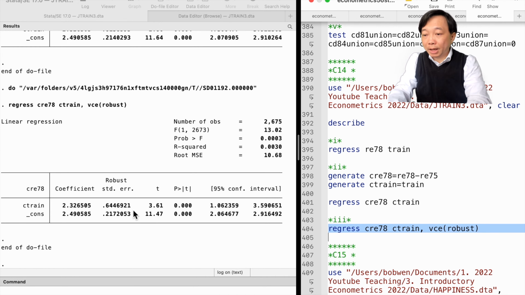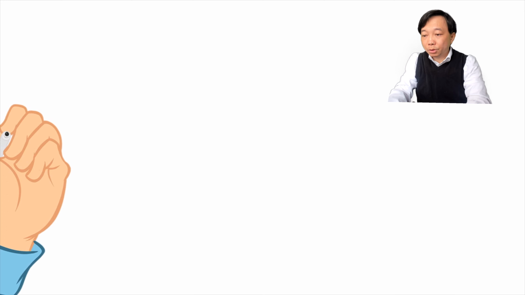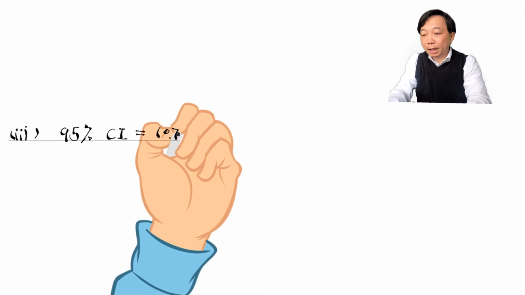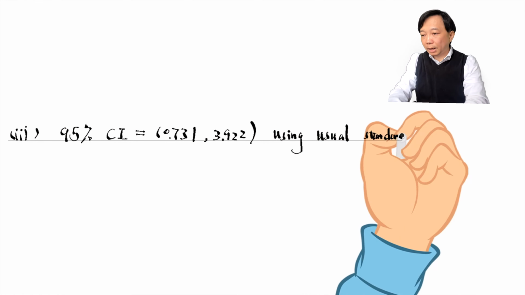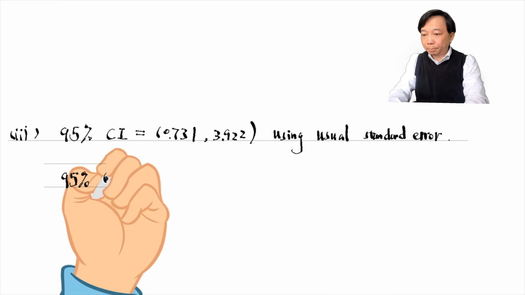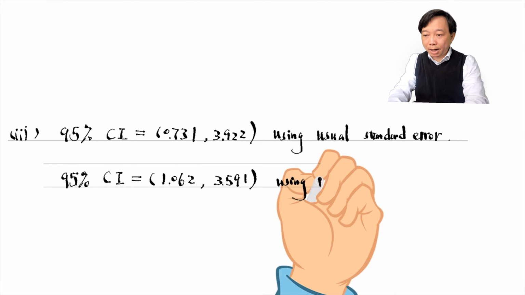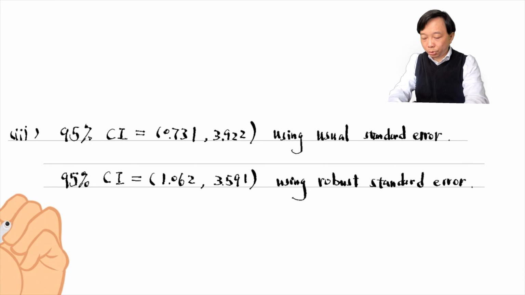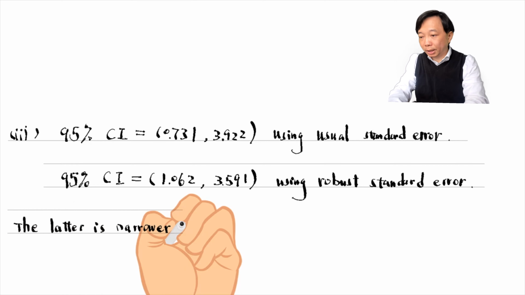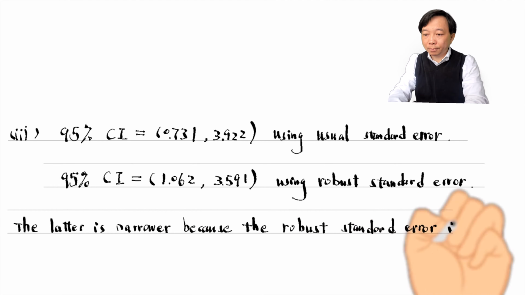The 95% confidence interval using the robust standard error is from 1.062 to 3.591. The latter is narrower because the robust standard error is smaller than the usual standard error for the job training variable in this case.